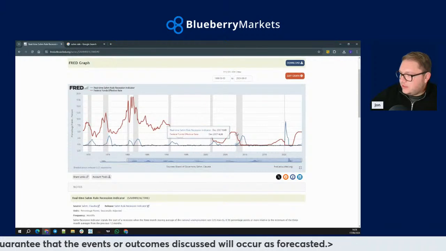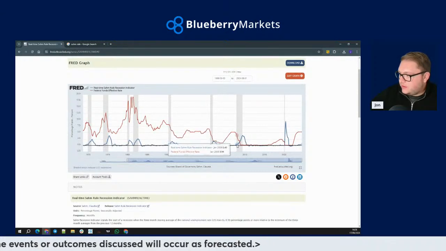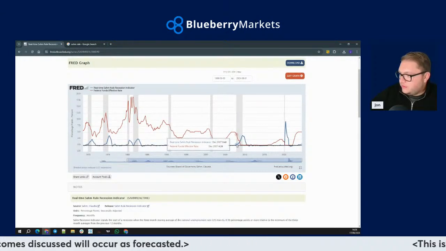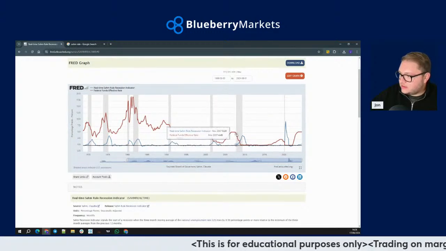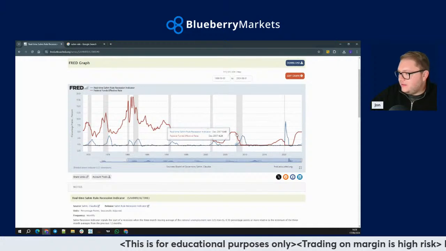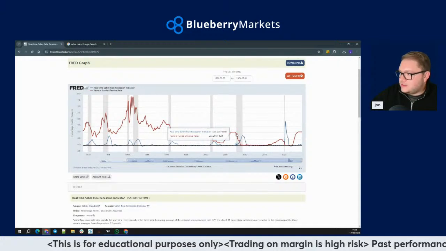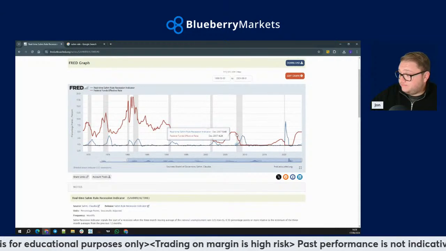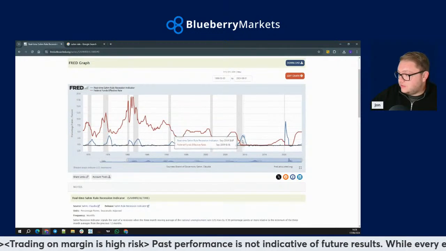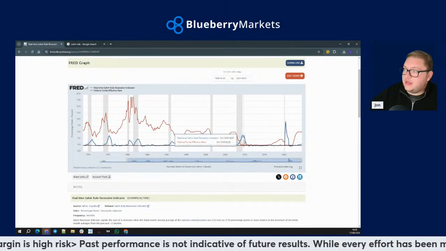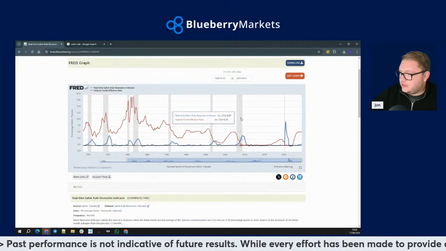It was a couple of months later where we started to see that trickle in. So we had the Fed cut in September of 2007, and then we started to see the Sahm rule coming into effect in December, which then accurately predicted the economic downturn that we had, which is this grey box here.